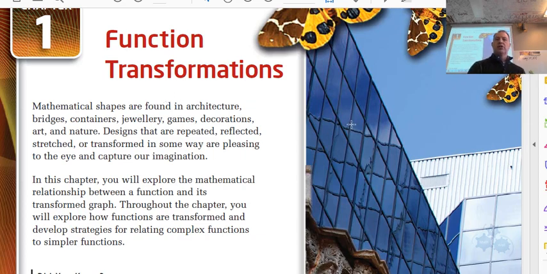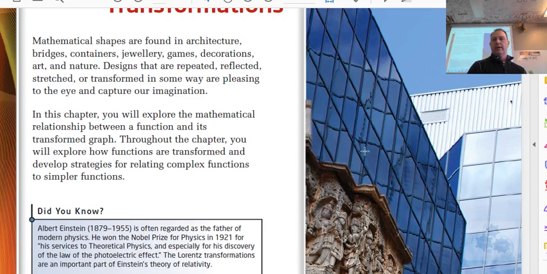And you can see in this picture here, look at the windows on this building. There's a good chance that this window pane right here and this one right here are identical glass window panes, right? But from our perspective, this one looks totally different. Why? Because it's kind of stretched. It's kind of transformed a little bit, right? It's squished up a little bit.